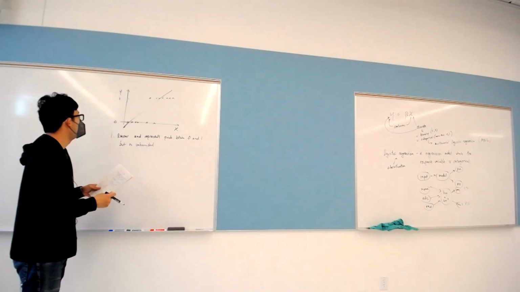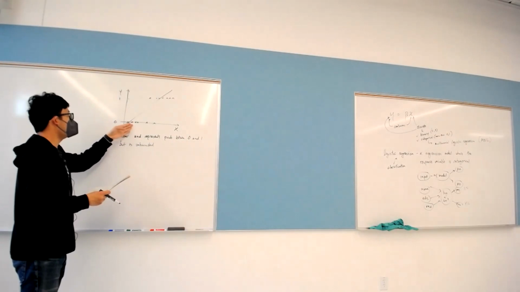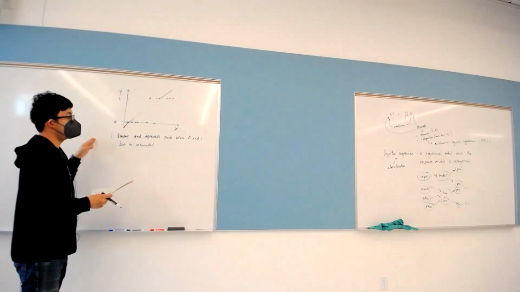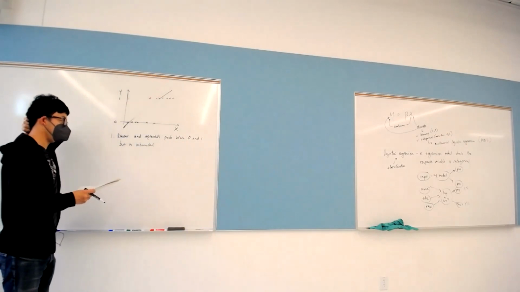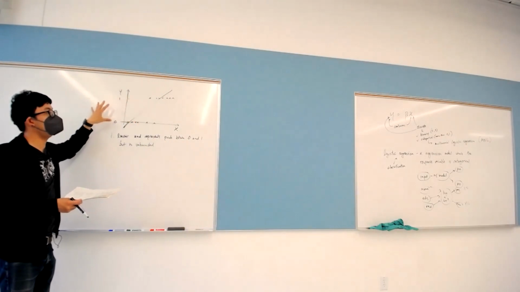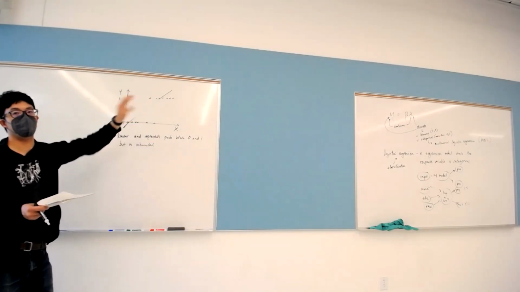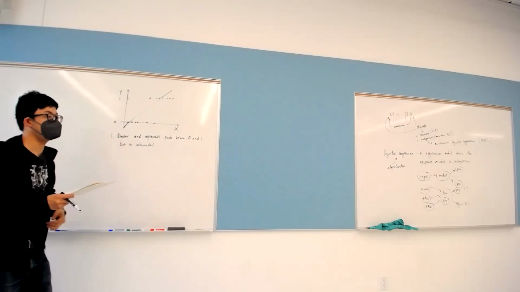My values down here can go down to negative infinity, and my values up here can go up to positive infinity, which is not what we want. So how can we modify this y equals beta x to fit the context of what we're trying to do?